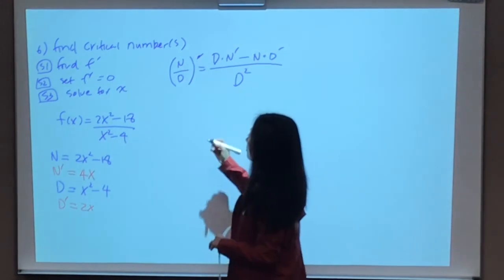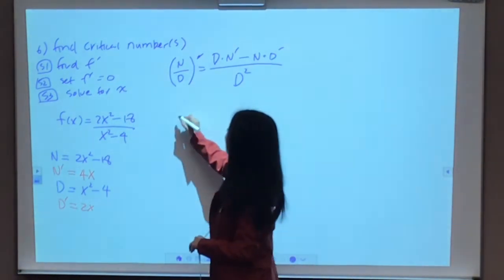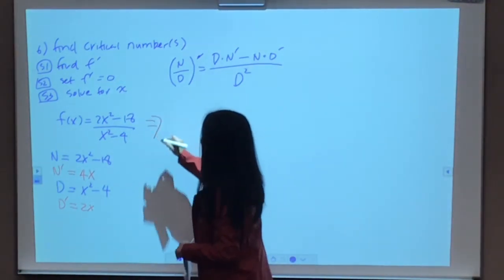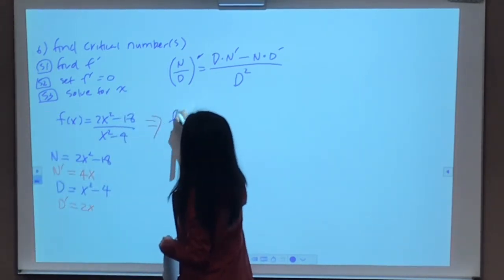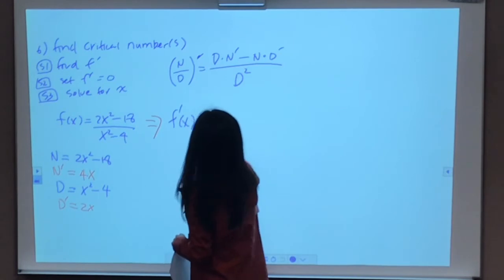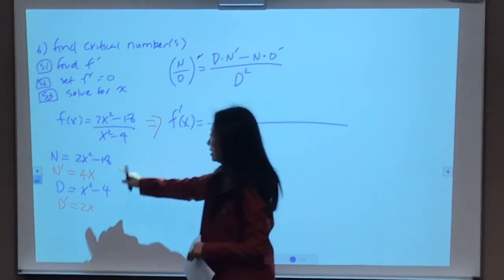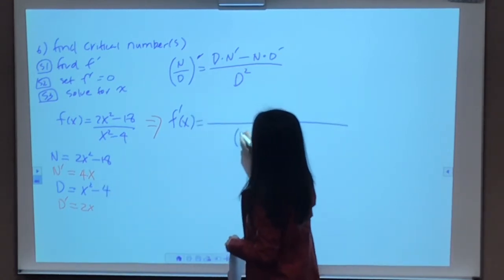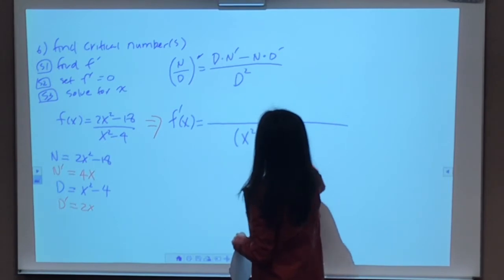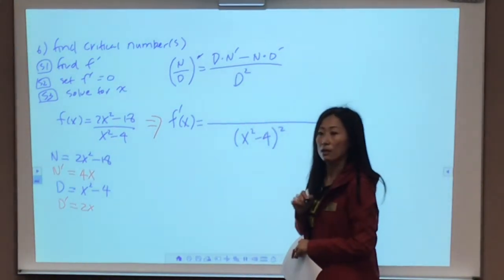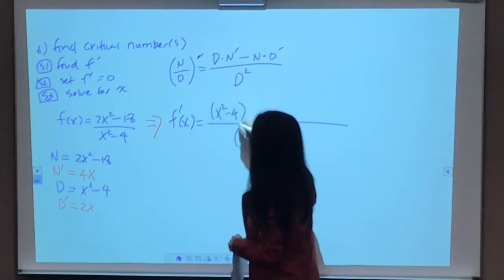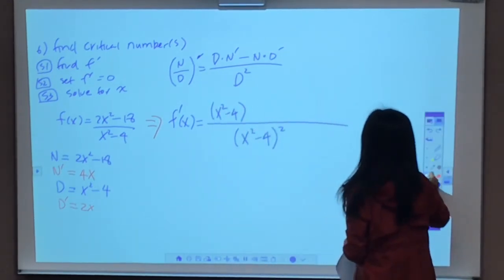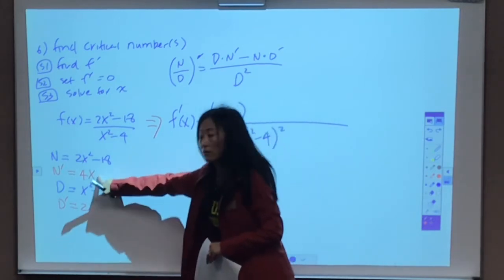So I'm gonna take a derivative of this now. So my denominator is x squared minus 4 squared. And my denominator is x squared minus 4. What is my prime of a numerator? 4x.